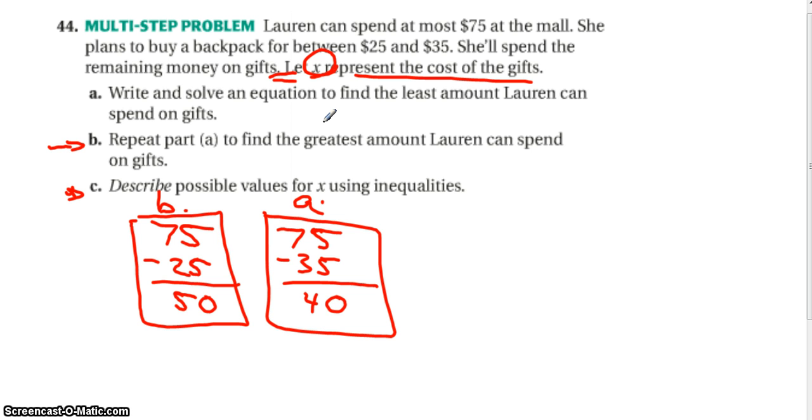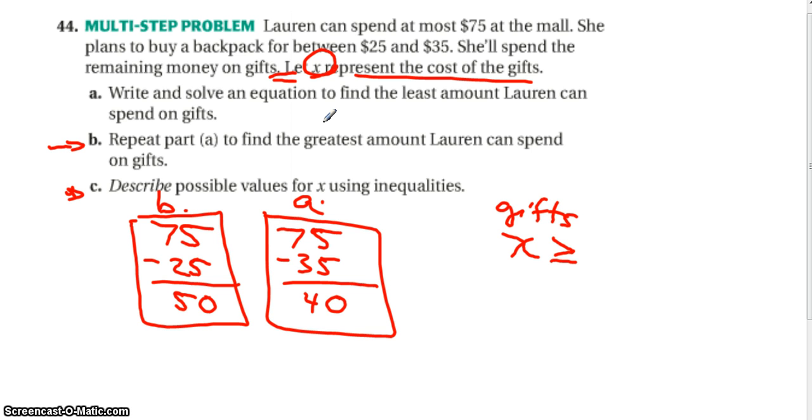So how can you write that as an inequality? The gifts, X, can be anywhere between 40 and 50, or how would you write that? Sophia? Could it be X is greater than or equal to?